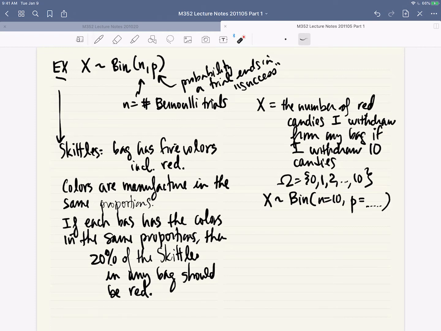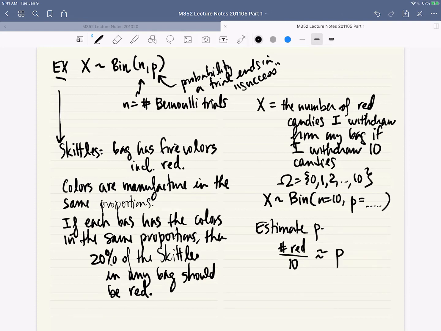So if I want to estimate p, I take 10 candies, and the proportion of candies that I get that are red, the number of red candies divided by 10, is going to be approximately equal to the proportion of the candies that are in the bag, right?